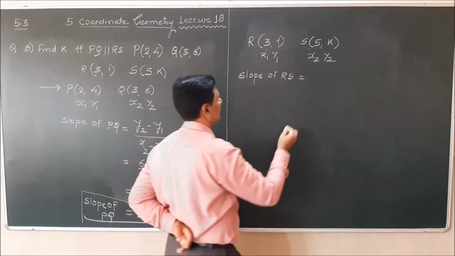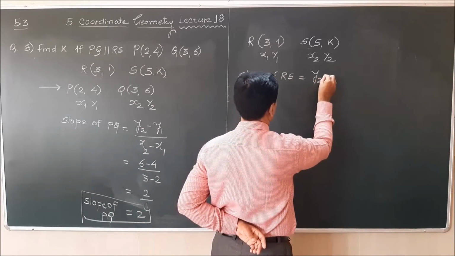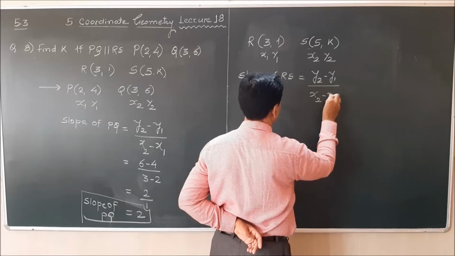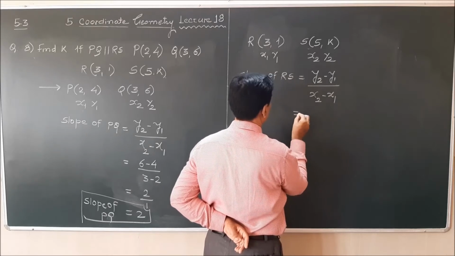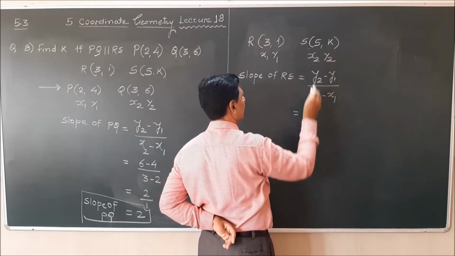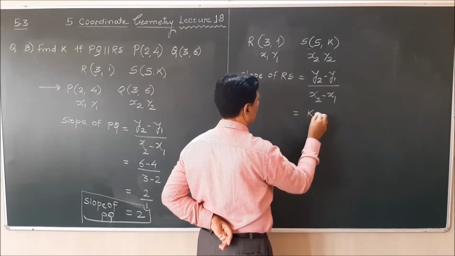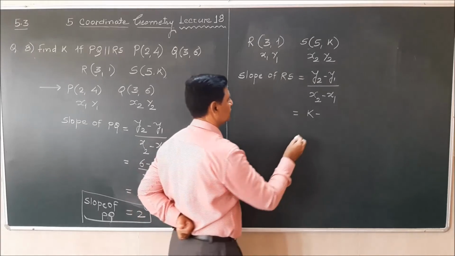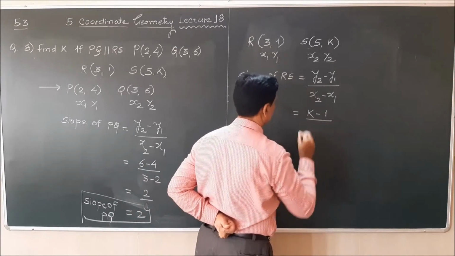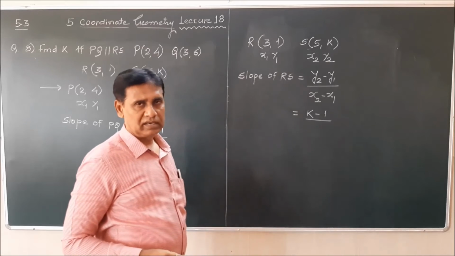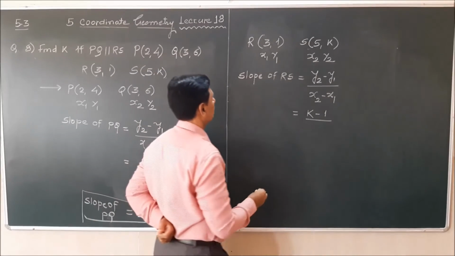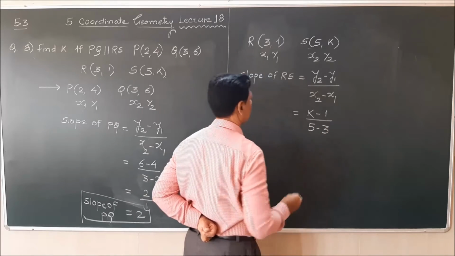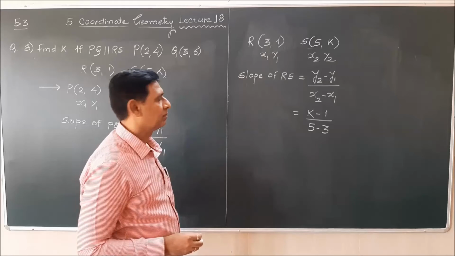So RS: y2 minus y1 upon x2 minus x1. Value of y2 is k minus value of y1 is 1. So k minus 1 upon x2 minus x1.